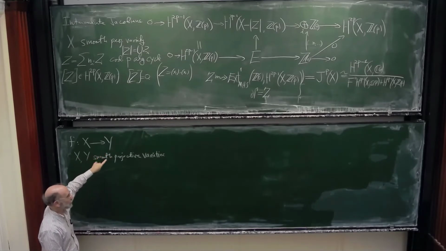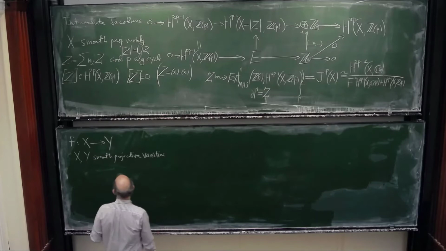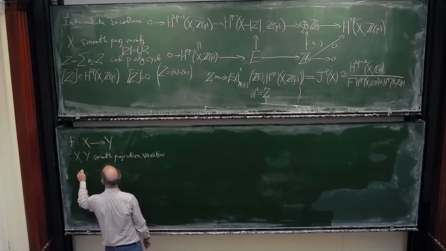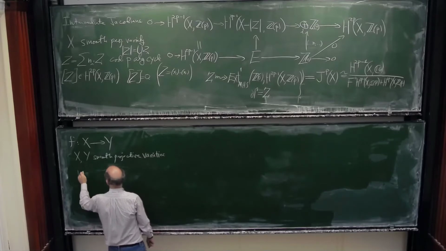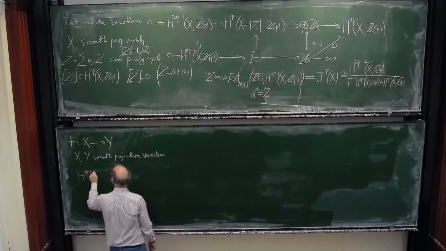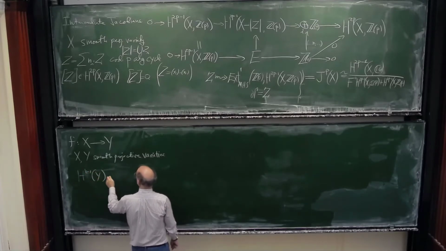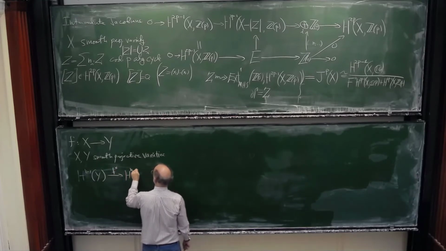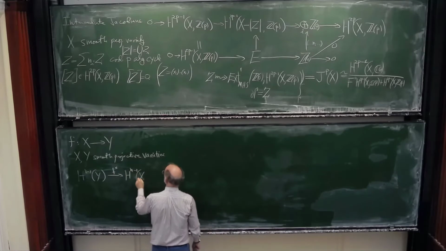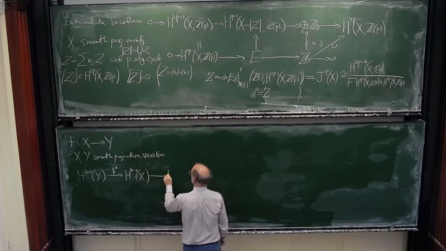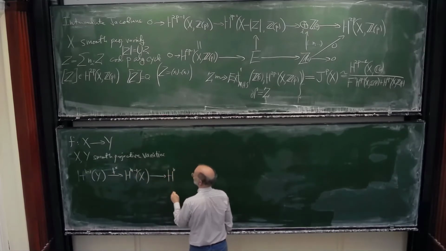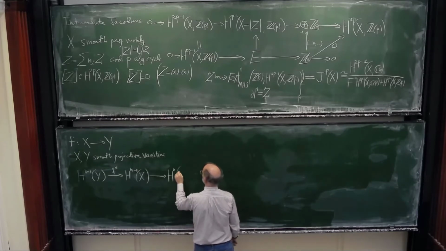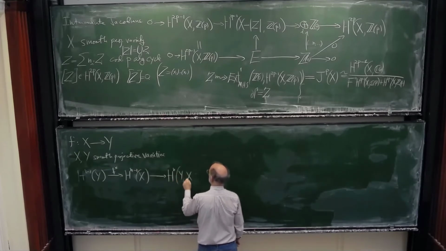I mean, it's sort of a relative situation. So we can write, let's see, how does it go? H^{n-1} of y goes by f star to H^{n-1} of x goes to H^n, I don't know how to write it, I'll just write y relative to x.